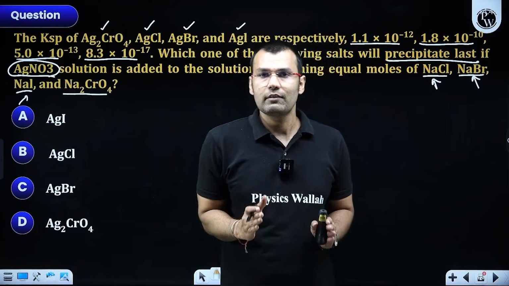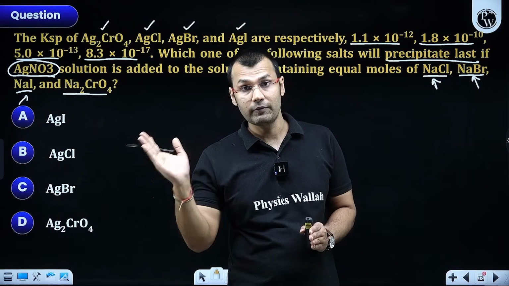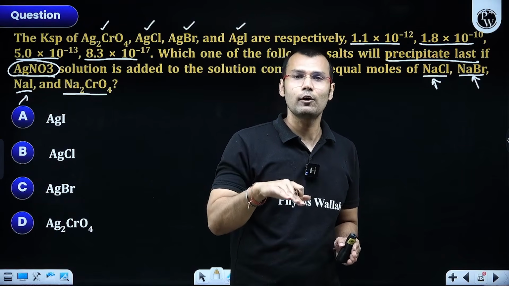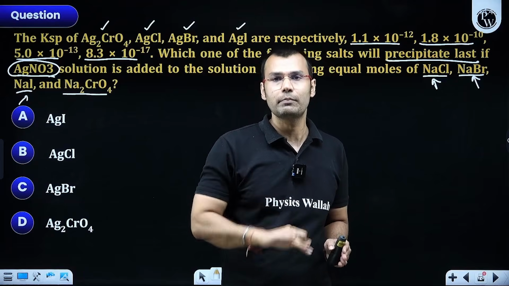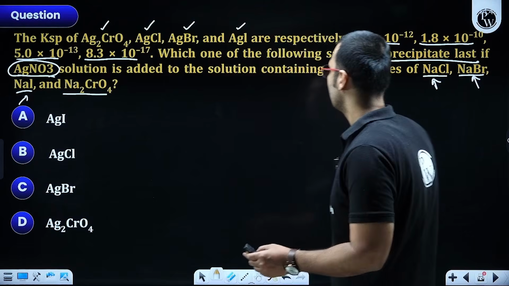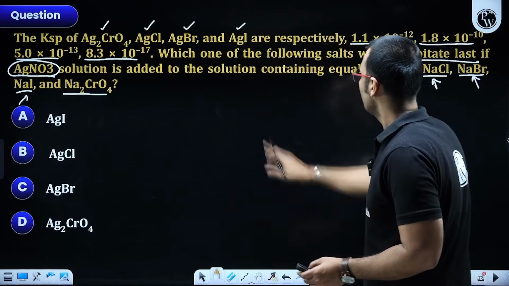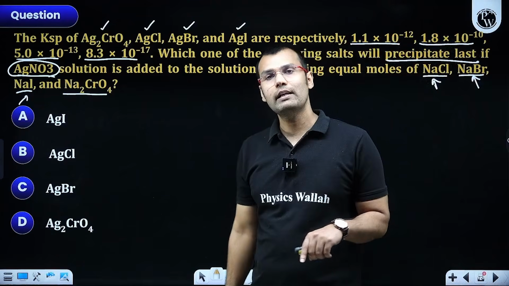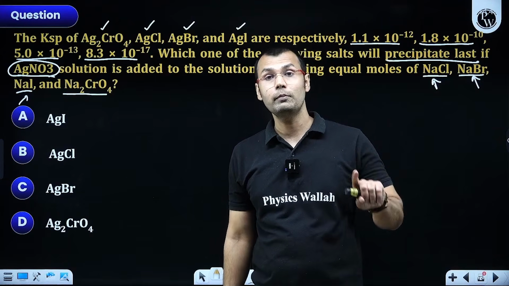So precipitation will happen first from the one whose solubility is low. The one which has less solubility will be easily precipitated. And here they are asking which one of the following salt will precipitate last? So last precipitation will happen for that whose solubility is higher.